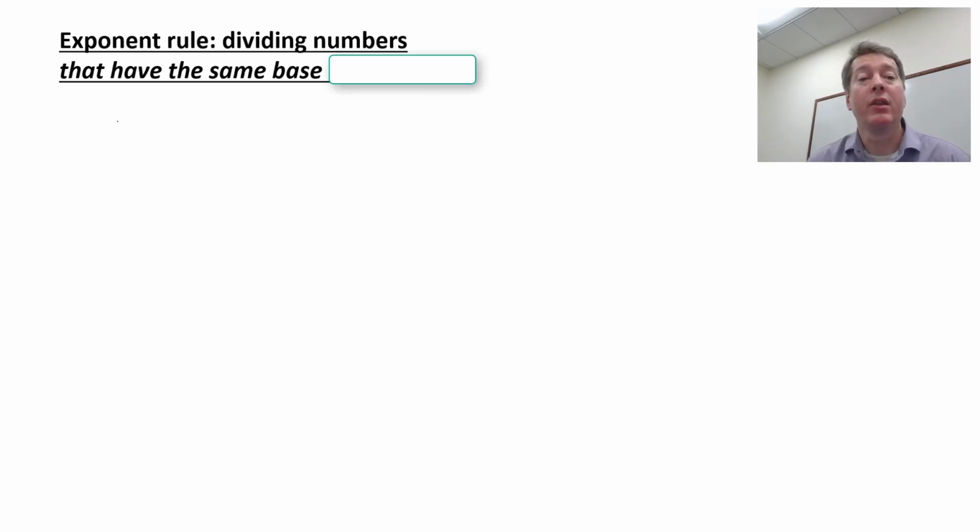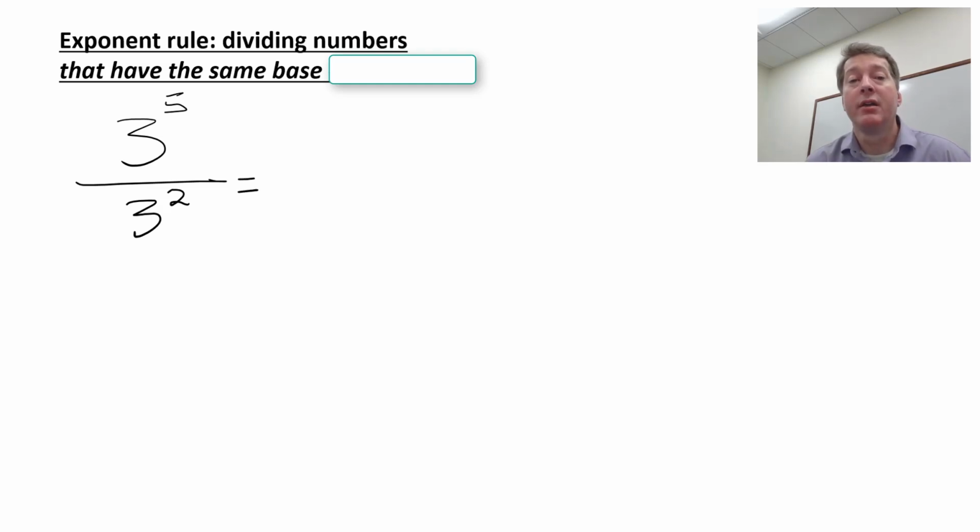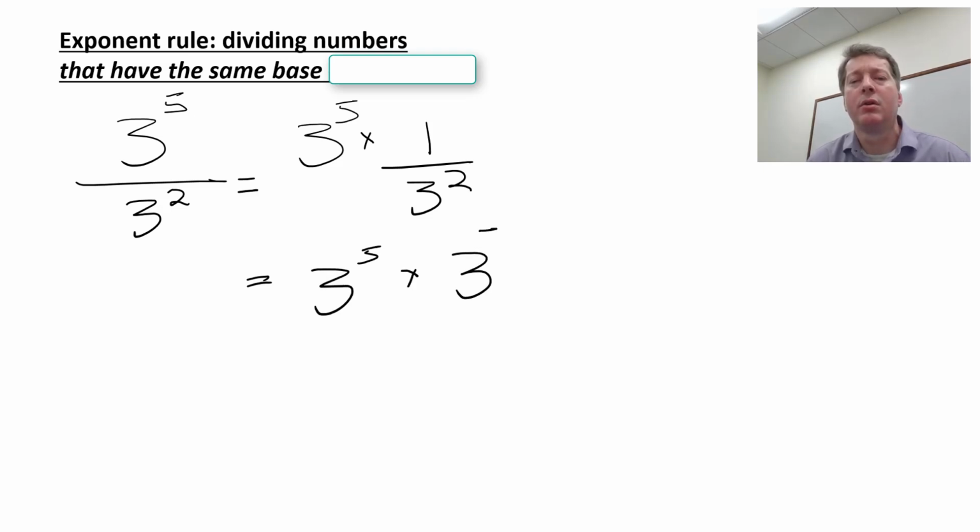One thing I want to point out, let me go back to my example of 3 to the 5th divided by 3 squared. This division rule is really the multiplication rule stated in a different way. So 3 to the 5th over 3 squared is the same thing as 3 to the 5th times 1 over 3 squared. But 1 over 3 squared is the same as 3 to the negative 2.